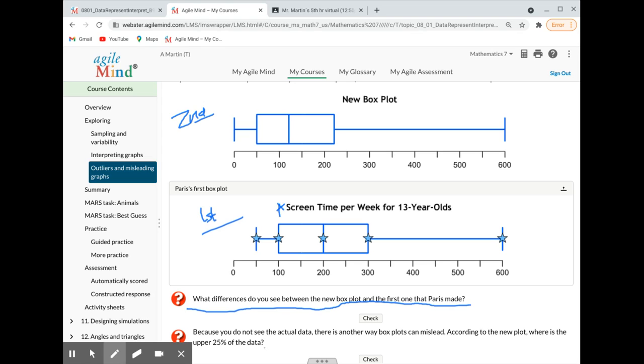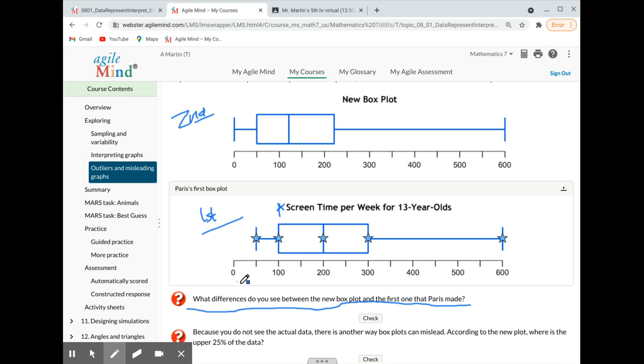One stops at 200 and one stops at 300. Okay, good job. That's perfect. The upper quartile was at 300 in the old box plot, and in the new box plot, it's at 220.